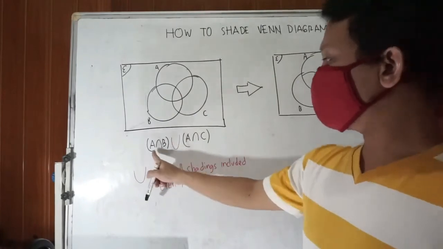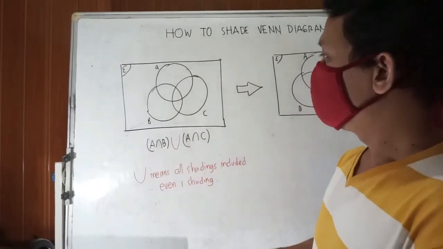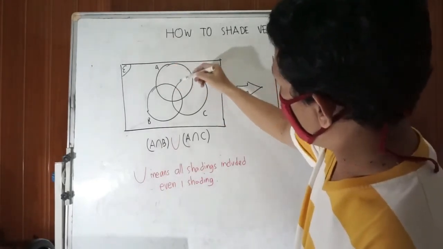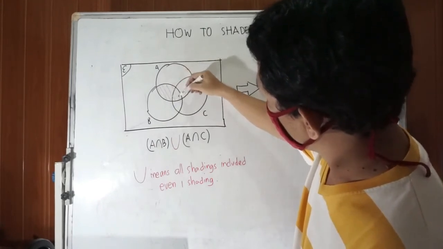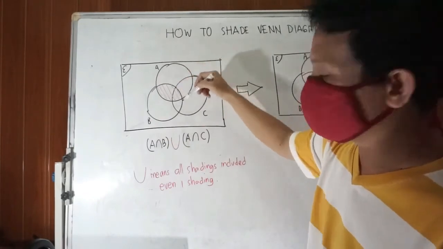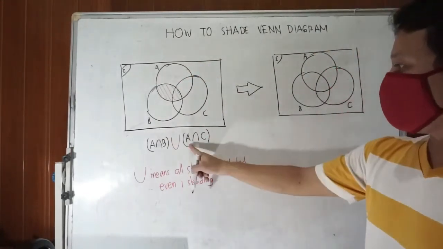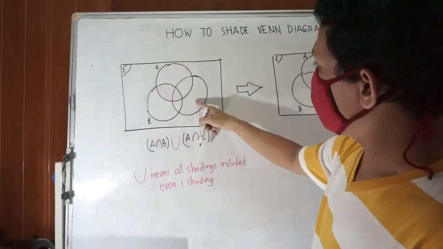The first step is to find A intersection B. So A intersection B, this is one. A intersection B, this one. Okay, and then A intersection C. A intersection C, this one.